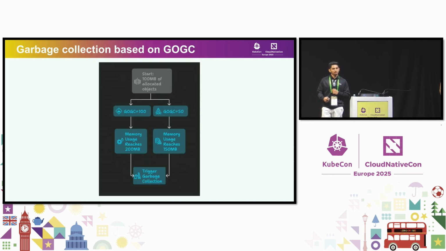GoGC is a Go runtime construct that can help users control how aggressive the Go garbage collector is. So let's see how it works using an example. Let's assume that the Go binary is running with 100 megabytes of allocated objects right now.